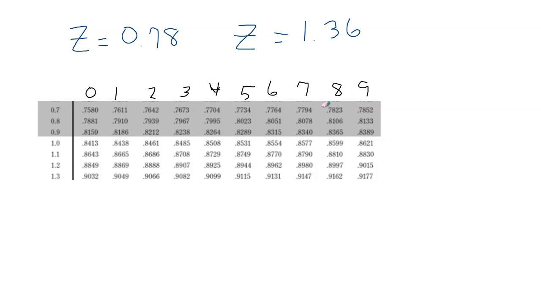Right about right here, 0.78, which is 0.7823. And then we have another Z-score of 1.36. So we're going to go 1.3, 1.6 right there, 0.9131.